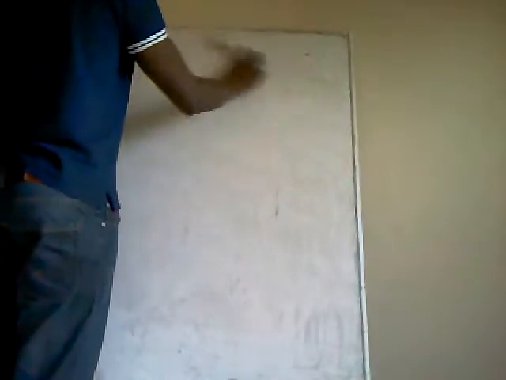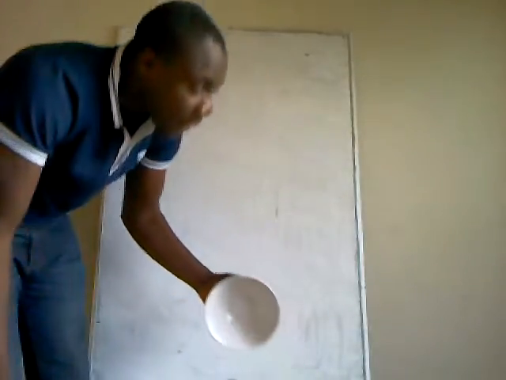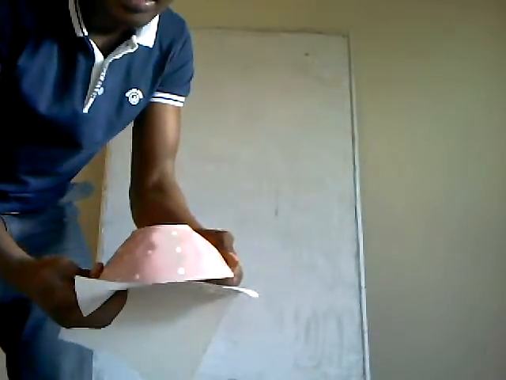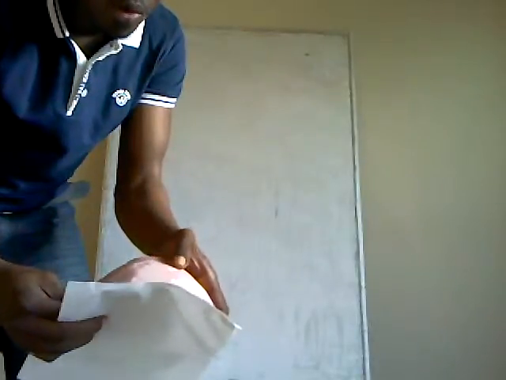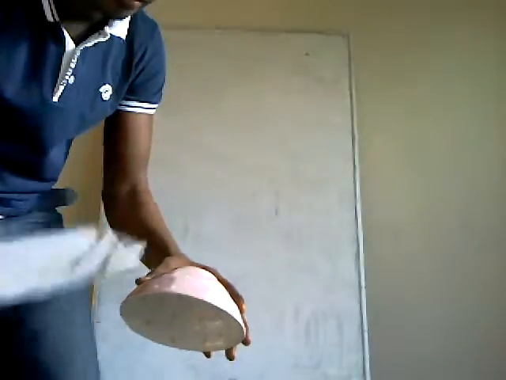A tangent plane. What is a tangent plane? A tangent plane is a plane that touches a surface at a point. If there's a surface, I hope you can see there's some dot on the surface. Let's look at one dot as a point.